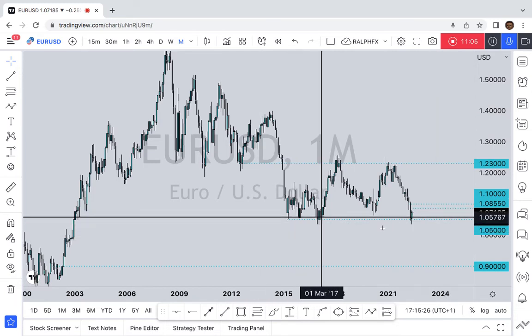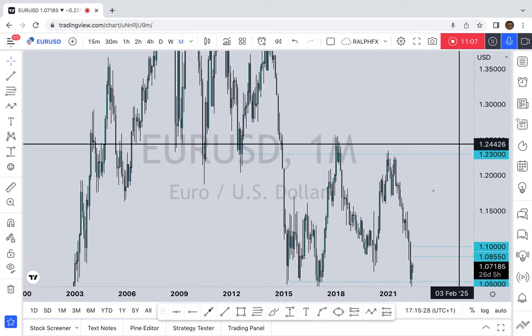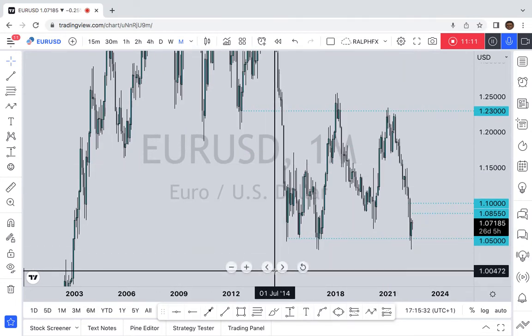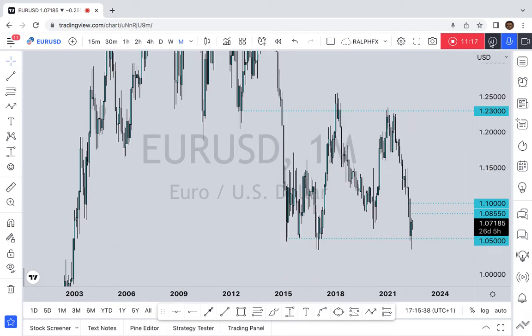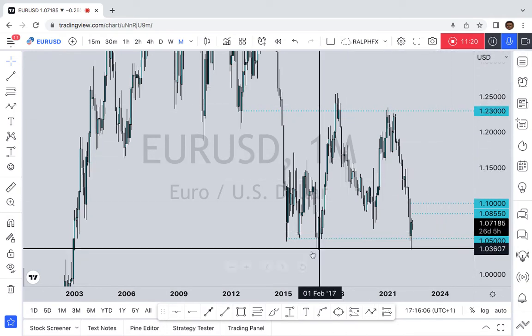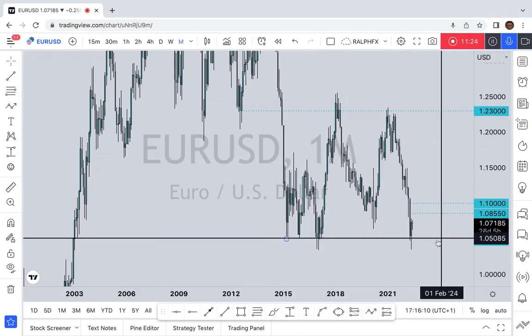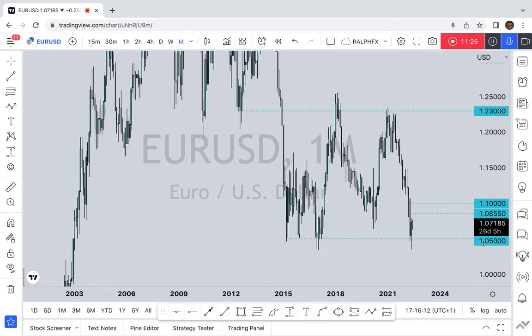So now we have another demand zone right here. Let's do another quick case study. I've drawn out this level. I have another psychological level here, 1.0500.